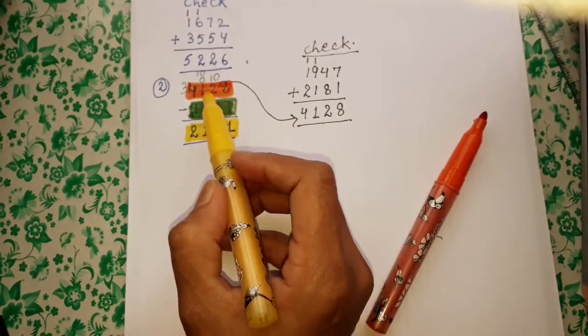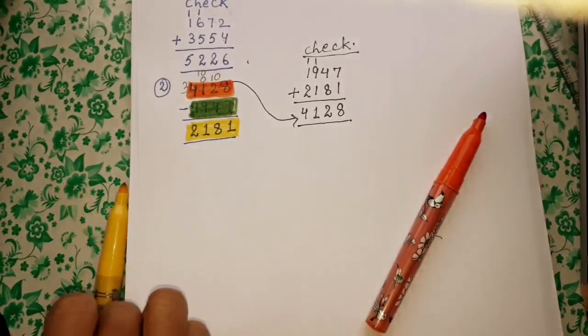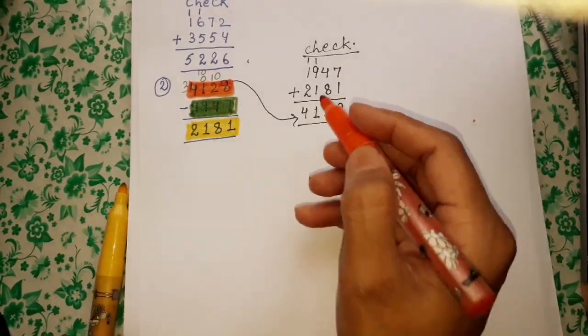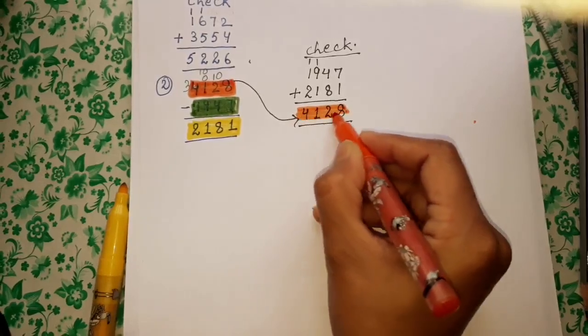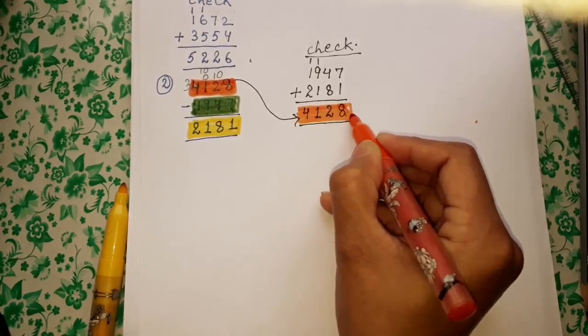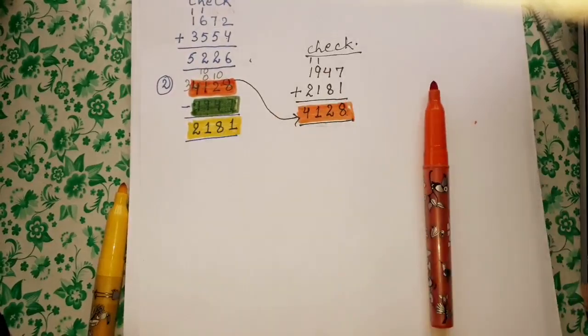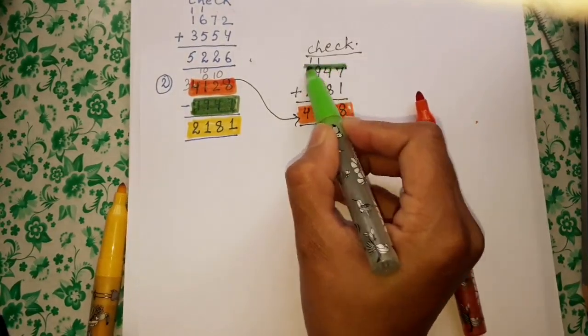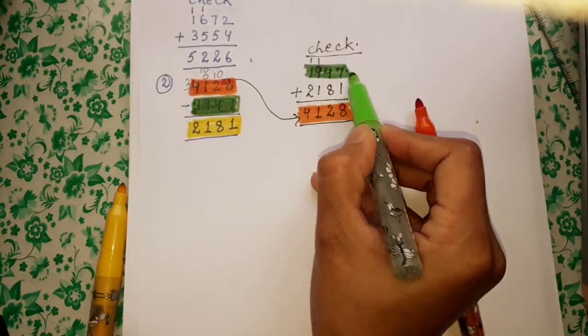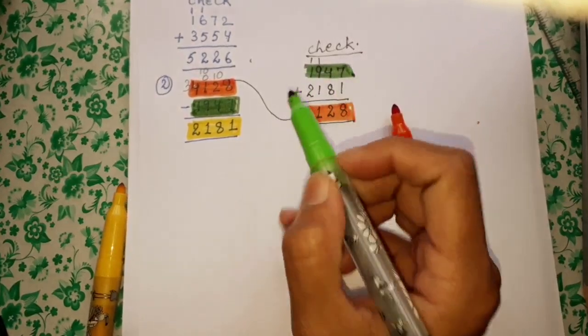See, orange color implies what? A minuend. Okay. And green color implies a subtrahend. Okay.